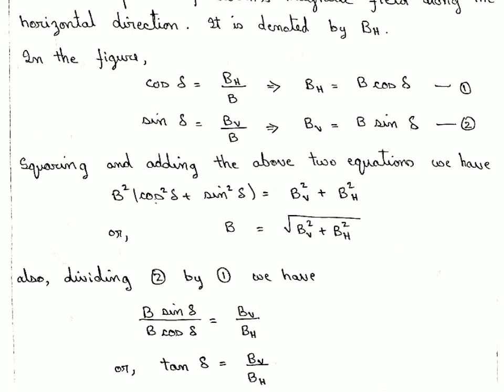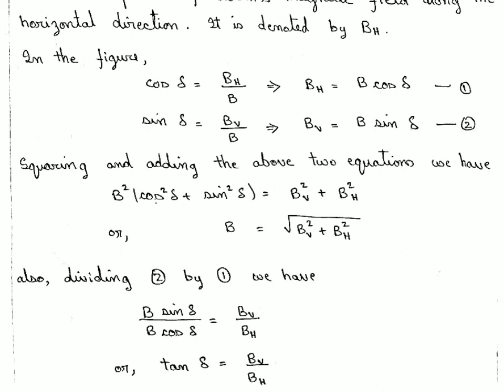Now we can also find the angle of dip if we know the horizontal component and the vertical component. We can find the expression for this angle of dip by dividing equation 2 by 1. On dividing equation 2 by 1, we have B sine delta divided by B cos delta, and this is equal to BV divided by BH, and the B's cancel.